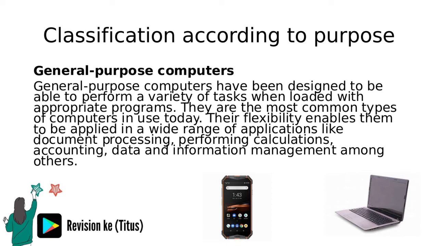For example, you're able to make a call from your phone if you have the application to do that. You're able to play a game from your phone if it has that specific program in the device.